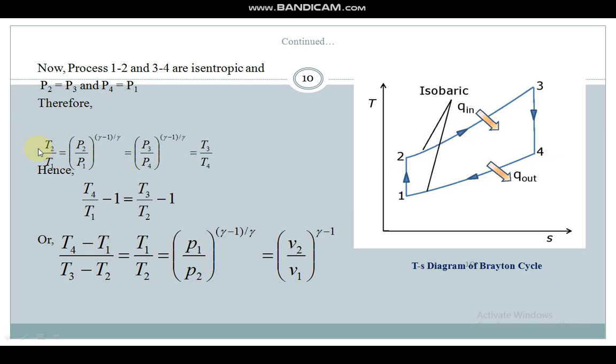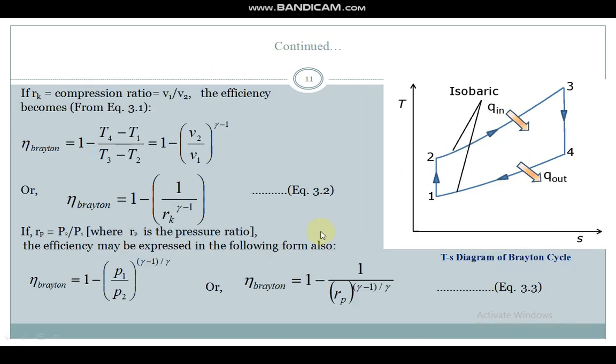So deducting 1 from both sides, we get this expression, and we get T1 by T2. And T1 by T2, as it is an isentropic process, we can write as P1 by P2 whole to the power gamma minus 1 by gamma, equal to specific volume V2 by V1 whole to the power gamma minus 1.